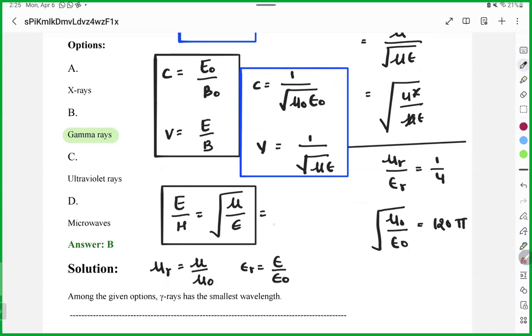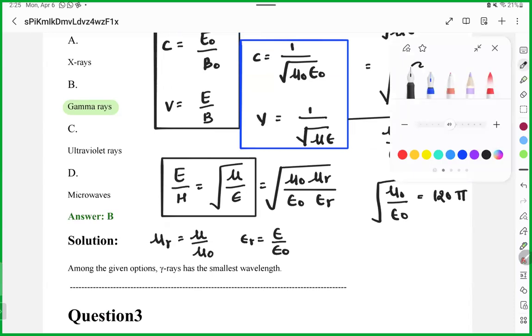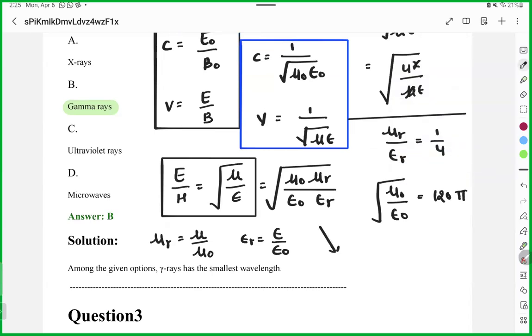So instead of nu, can I write nu naught and nu r? Correct? Yes, sir. And instead of epsilon, epsilon naught and epsilon r. Any doubt? No. Can I also write the same expression as nu naught by epsilon naught multiplied by nu r by epsilon r?